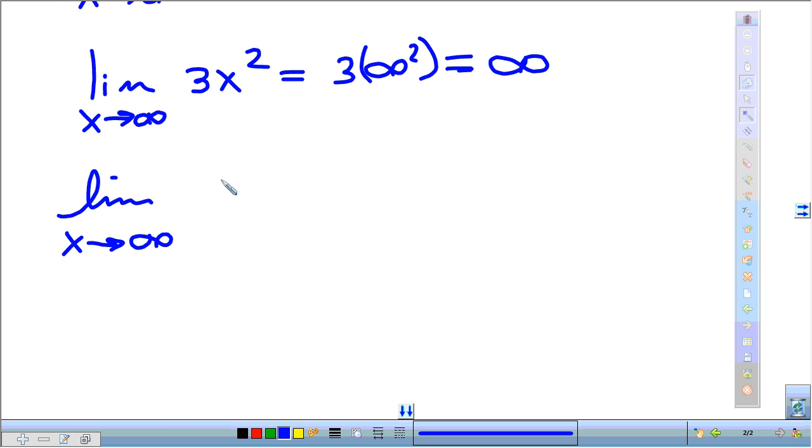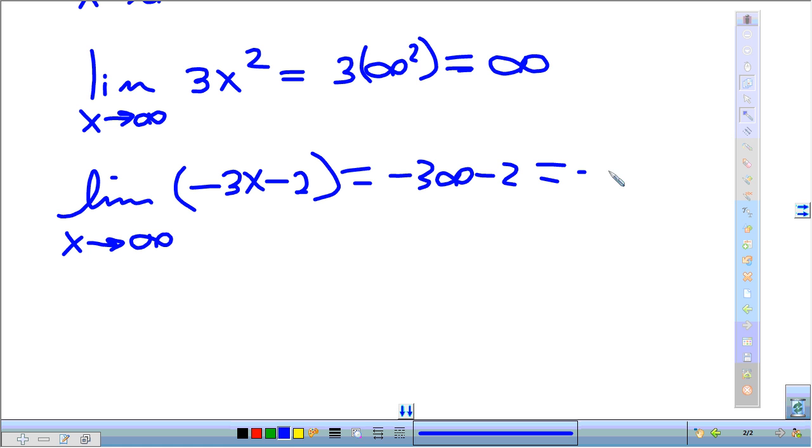Or something of the form minus 3x minus 2 would be minus 3 infinities minus 2, which would come out to still very large negative. So many of these things we can go back to and recall this sort of conceptual arithmetic using infinities.